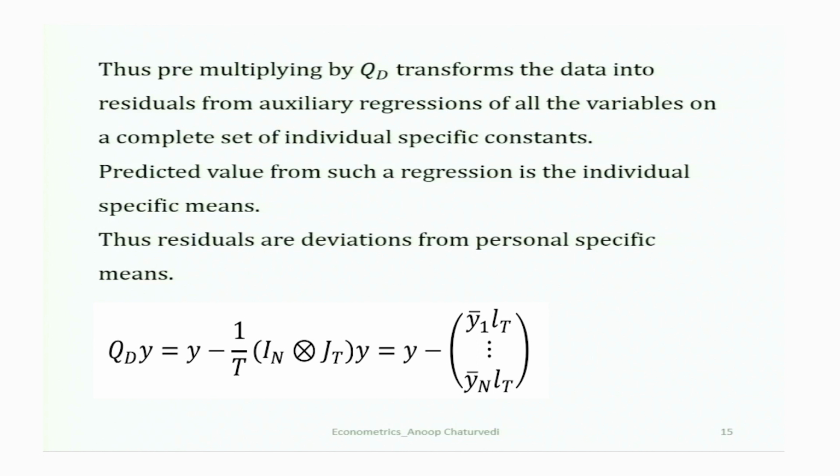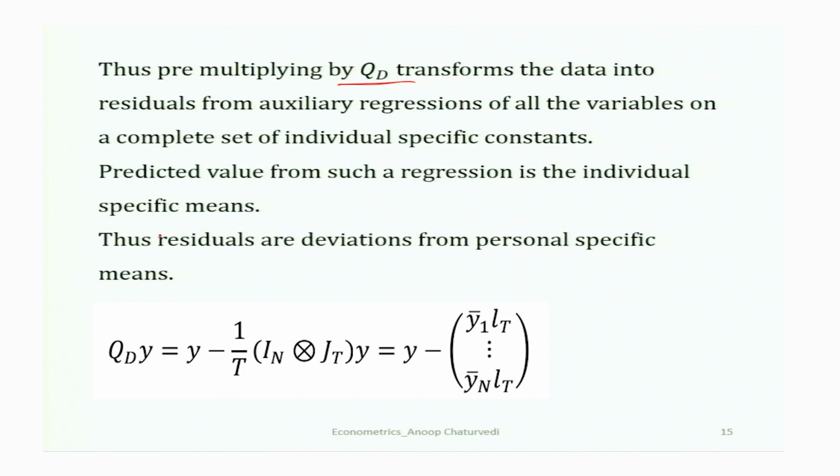So, this is how pre-multiplying by Q d transforms the data. Then the predicted value from such a regression is the individual specific means. So, you can say the residuals are deviations from individual specific means.